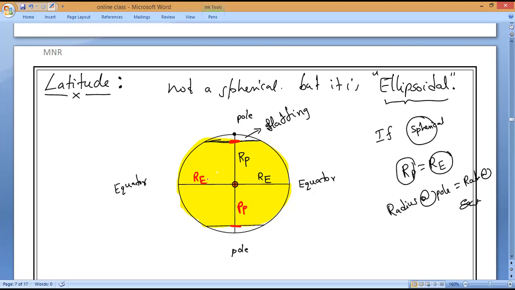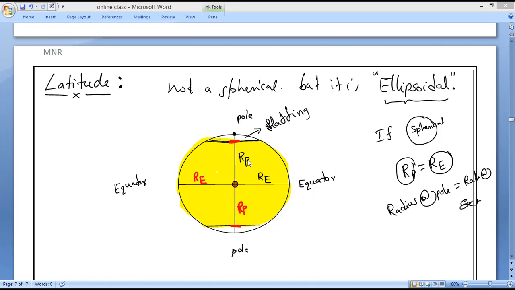Sir, RP is less than RE. Is RP less than or greater than? Less or more? Which do you feel is more? Till here only, the red mark only you have to consider.